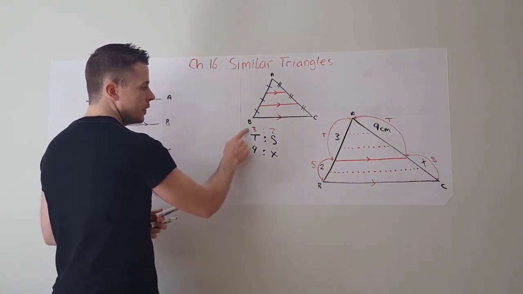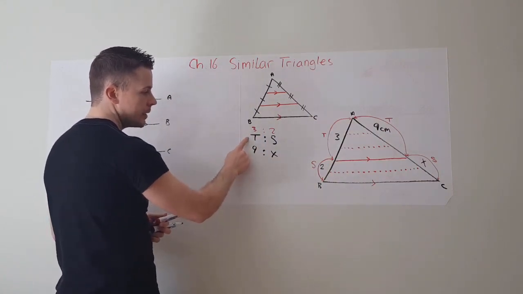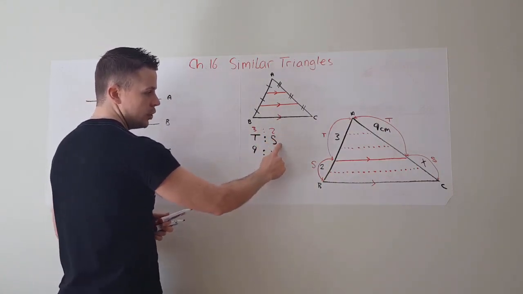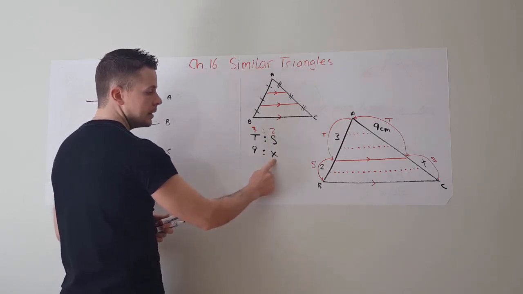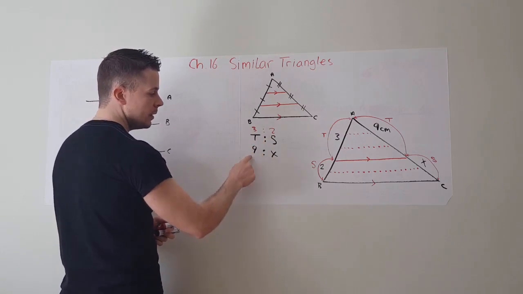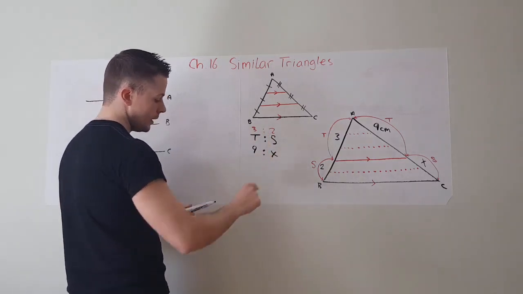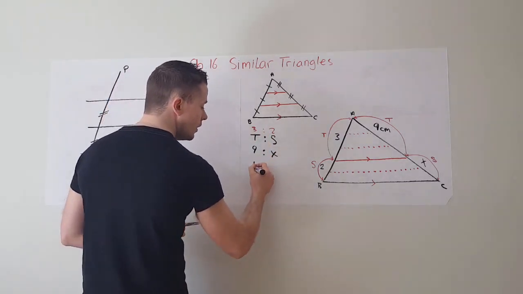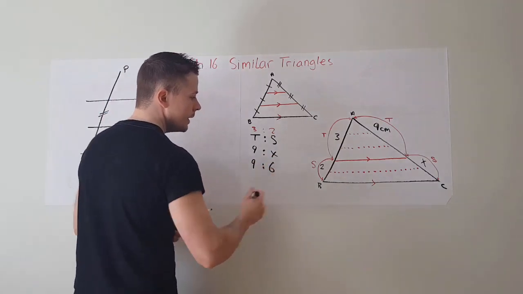So if T is 3 parts and S is 2 parts, what is X? 3 into 9 goes 3 times, and 3 by the 2 gives me 6. So it is going to be 9 is to 6.